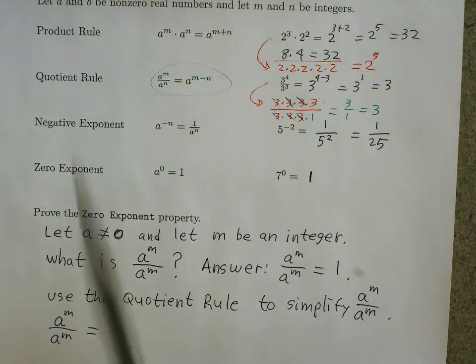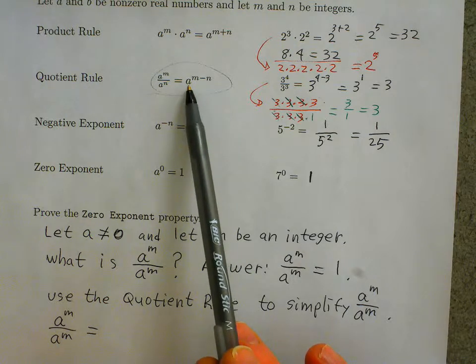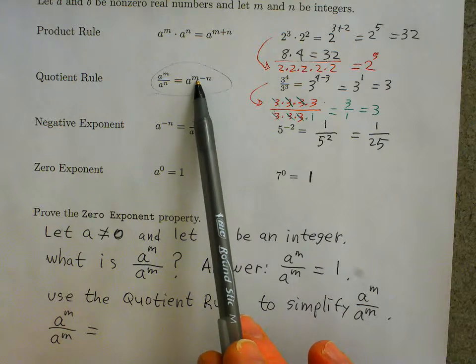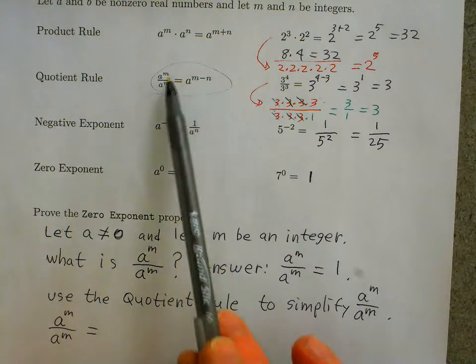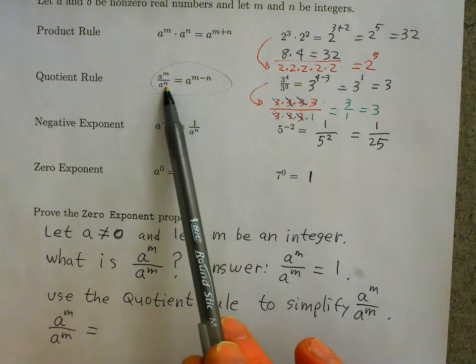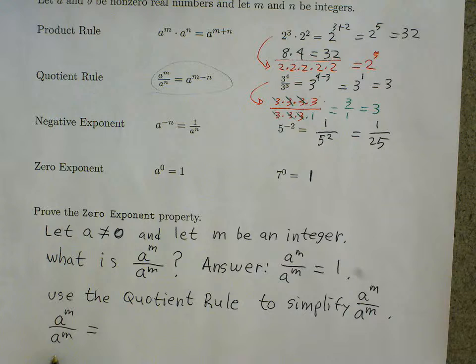If I apply the quotient rule, then I write the base number a, and then the exponent is m, which is the exponent from the numerator, minus n, which is the exponent from the denominator. So what I have here is not exactly the same as a to the m over a to the n, but the property still applies.